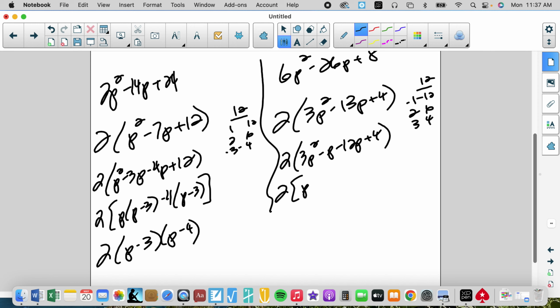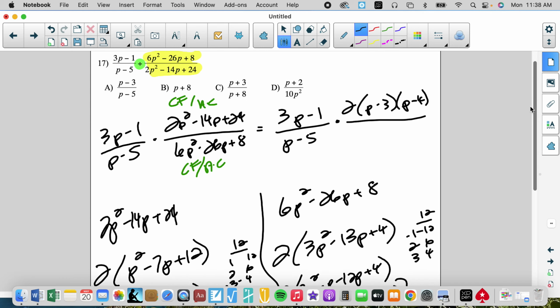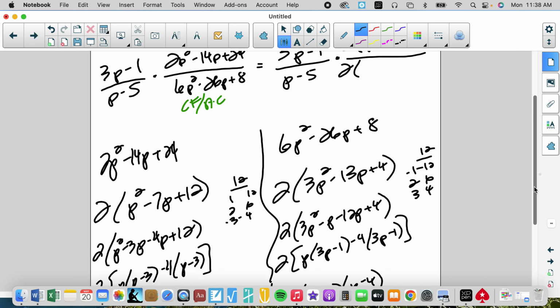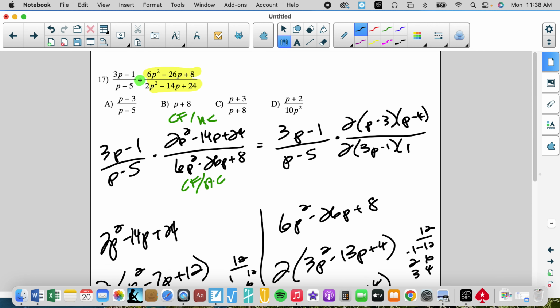We can factor out a p, we get 3p minus 1. We'll factor out a negative 4, which is 3p minus 1. And that gives us 2 times 3p minus 1, p minus 4. So 2 times 3p minus 1 and p minus 4. So what cancels?